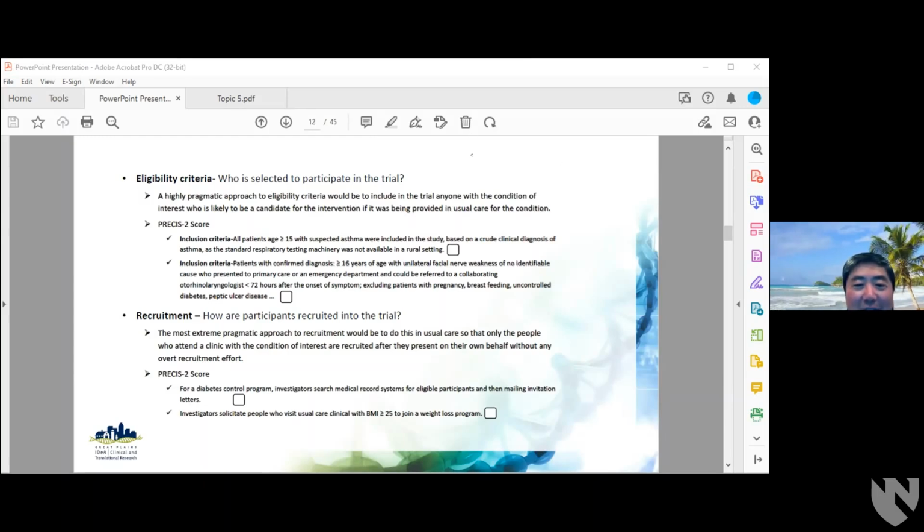So the next example, as inclusion criteria, is for the Bell's palsy trial. Sixteen years of age, so it's very broad, right?